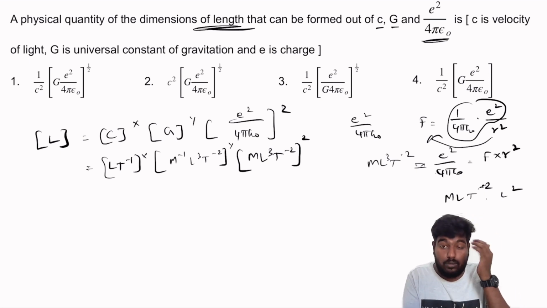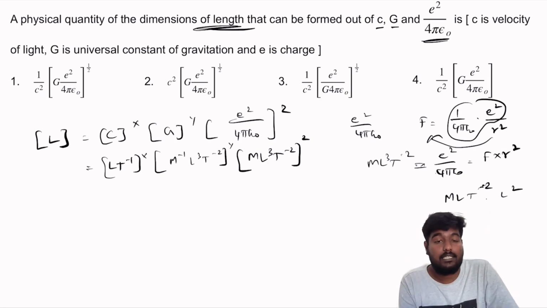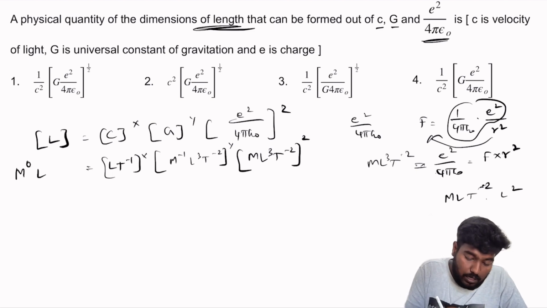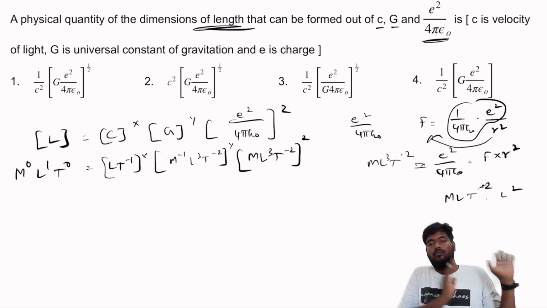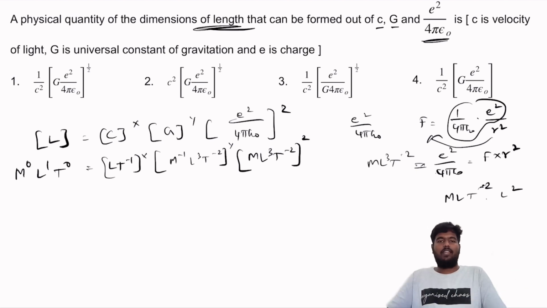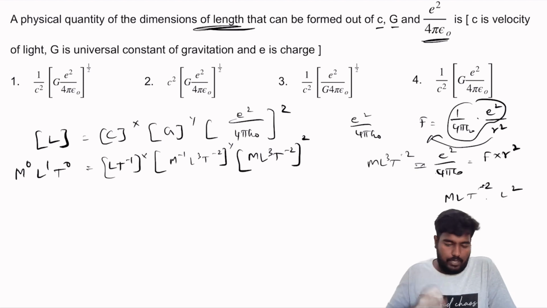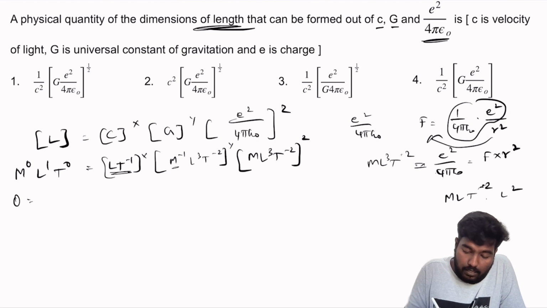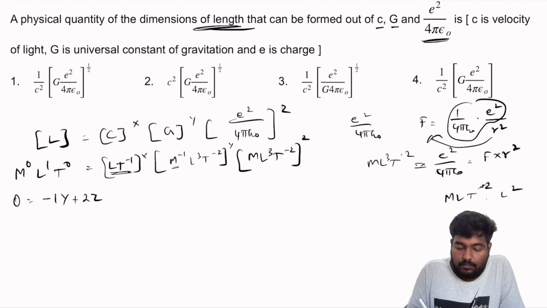Then all you have to do is compare the powers for all of them. This side m power 0, L power 1, t power 0, because all we want this side is only the dimension of length. So let's equate the m powers. Here is 0, this side doesn't have m, so 0 equals 0x, here minus 1y, plus 1z.